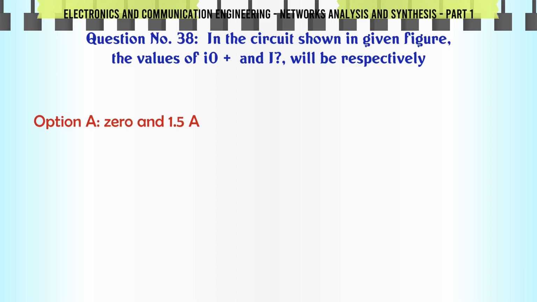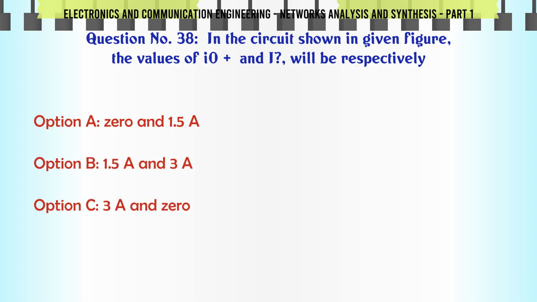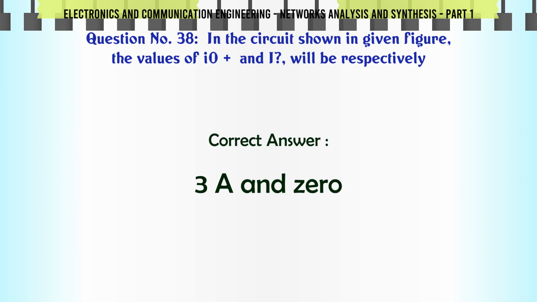In the circuit shown in the given figure the values of I0 and I will be respectively A 0 and 1.5A, B 1.5A and 3A, C 3A and 0, D 3A and 1.5A. The correct answer is 3A and 0.